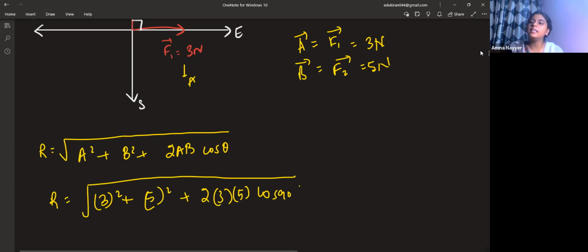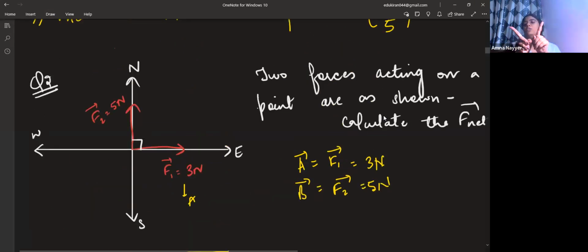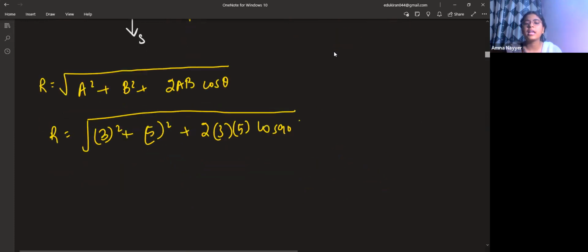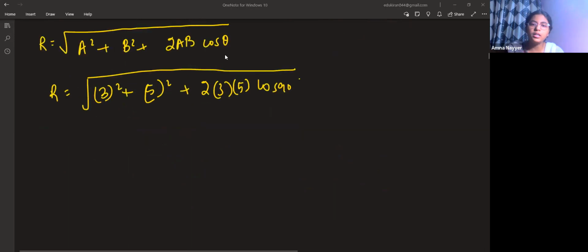See class, the theta that we take is the angle between the two vectors. So this can be clearly visible. This is 90 degree. This is drawn also. And obviously, north and east, the intersection between both of these will be 90 degrees. And cos 90 degrees value, Humam. Yes, Humam, cos 90 degree. Sorry, ma'am, I just joined.